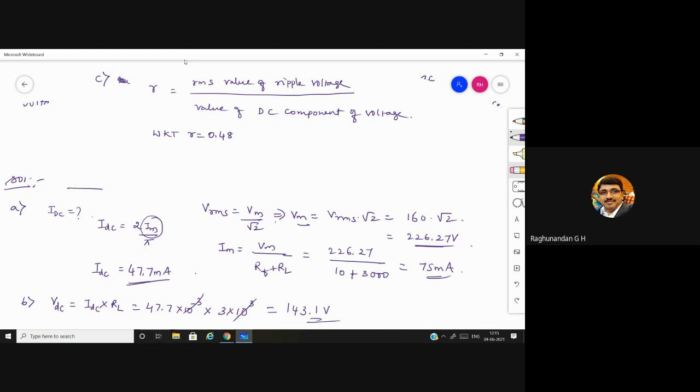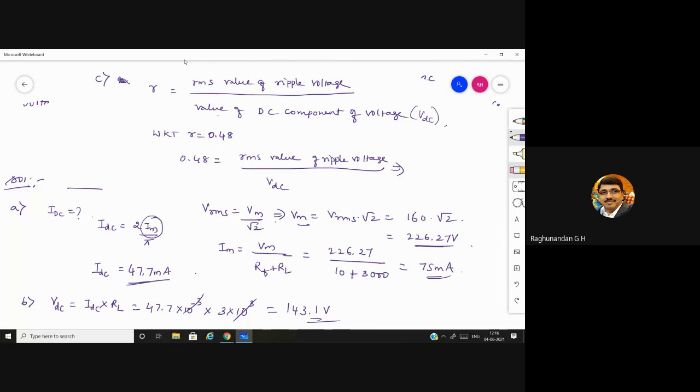You can consider R is equal to 0.48, and this is the VDC value we have just found. So 0.48 is equal to the RMS value of ripple voltage, which is the AC voltage we need to find, divided by VDC.